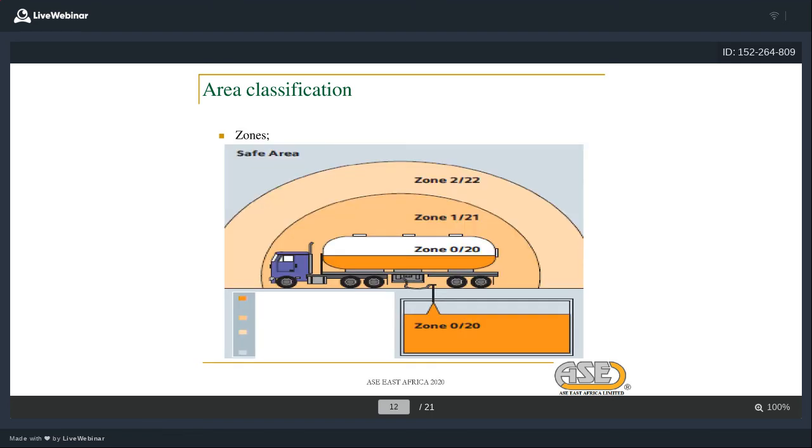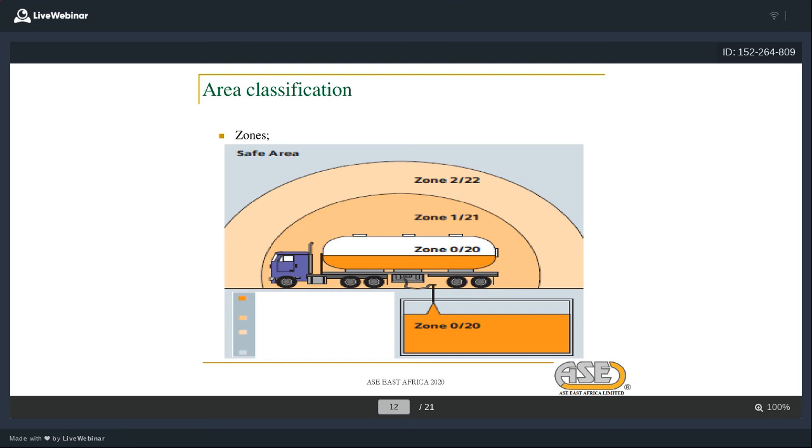After knowing the presence of material and amount, here we have zone 0. The first number after zone 0, zone 20, zone 1, 21, 2, 22. As we said, the zone describes the amount and duration of material present.